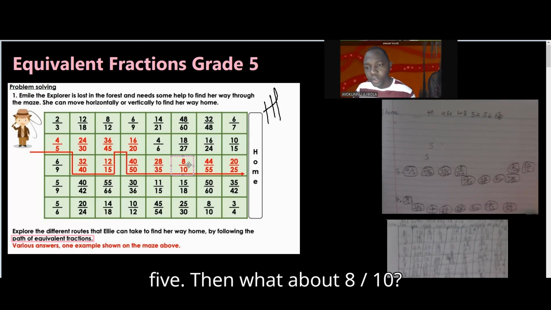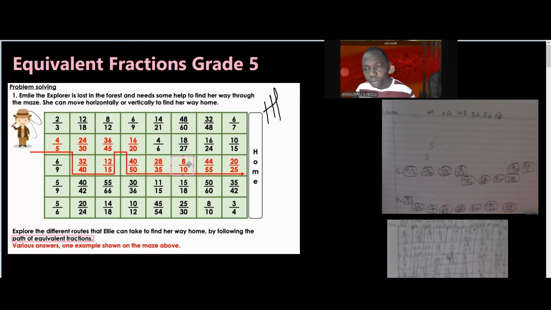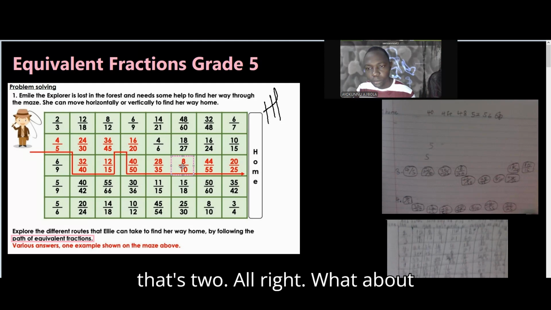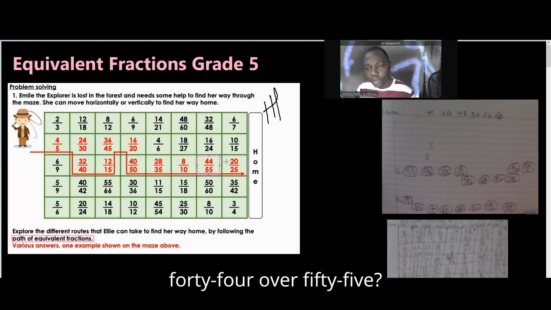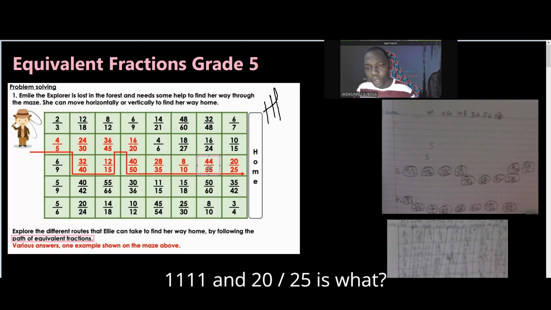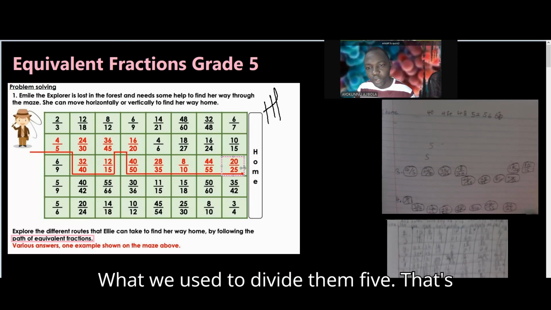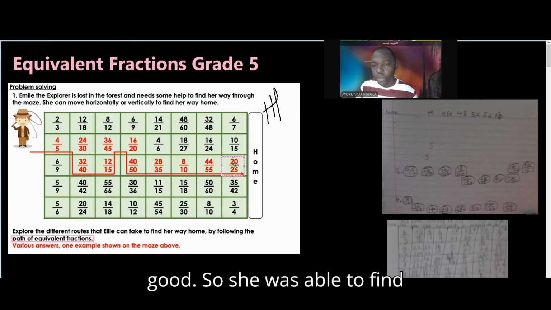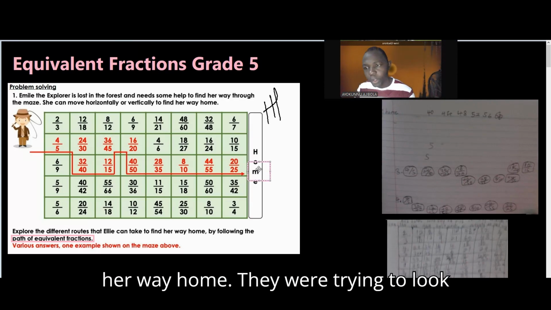Then what about 8 over 10? That's 2. All right. What about 44 over 55? 11. And 20 over 25 is what? What will you use to divide them? 5. That's good. So she was able to find her way home.